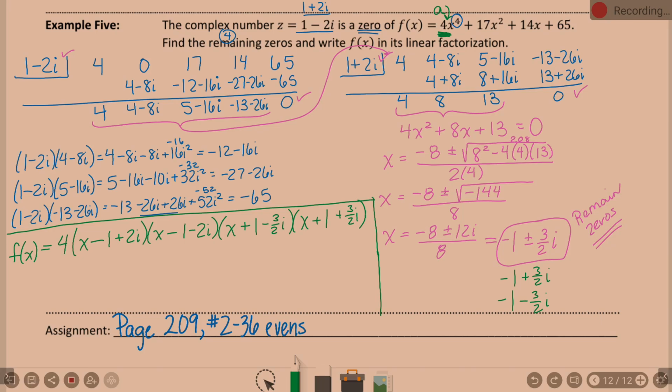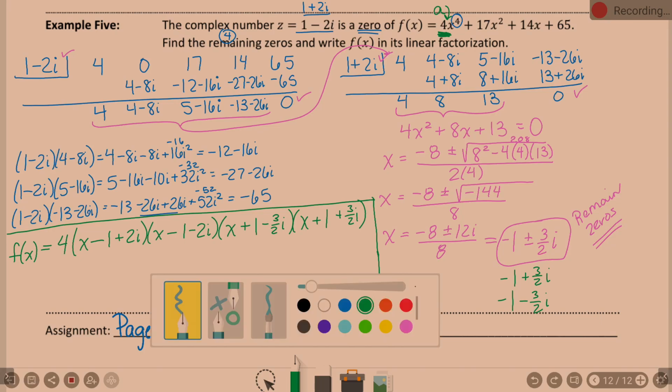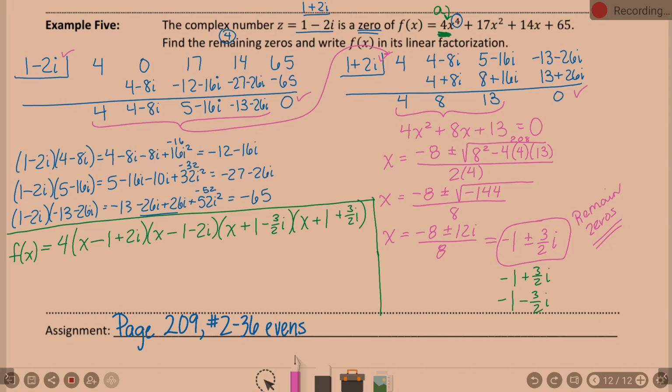Now, I like that as an answer, but the book goes one step farther. Last thing. Here's the deal: the book doesn't like there being fractions here. Well, by coincidence, we have this 4 out front. 4 can break into 2 times 2, yes?